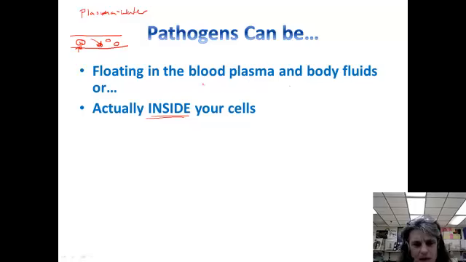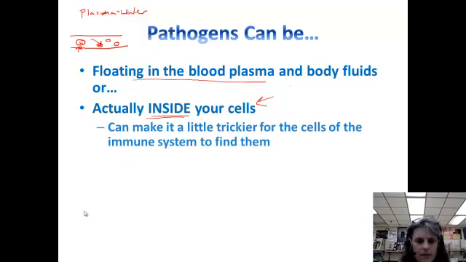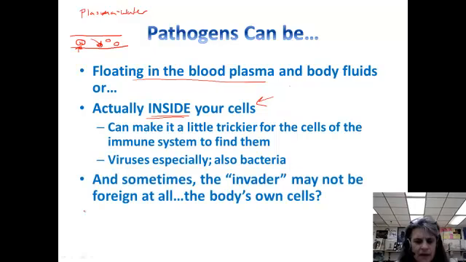So the response to stuff that's just floating around in your body fluids is fundamentally a bit different than stuff that is hiding inside your cells, because how does an immune cell see something if it's hiding inside one of your very own cells? It's hidden. It looks like you. So that's a problem that we will see how the immune system solves. Okay, bacteria can do that in addition to viruses, but at any rate.